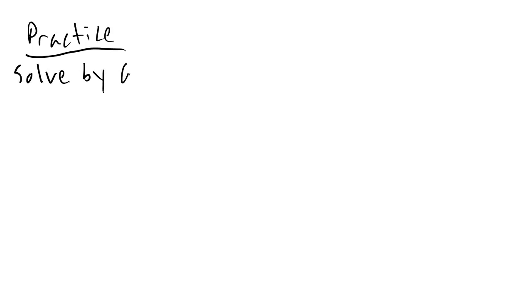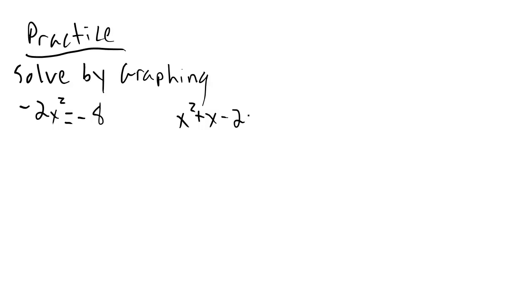So here are some problems for you all to try out. Let's have you solve a couple of quadratics by graphing. Solve negative 2x squared is equal to negative 8, and x squared plus x minus 2 is equal to 0.